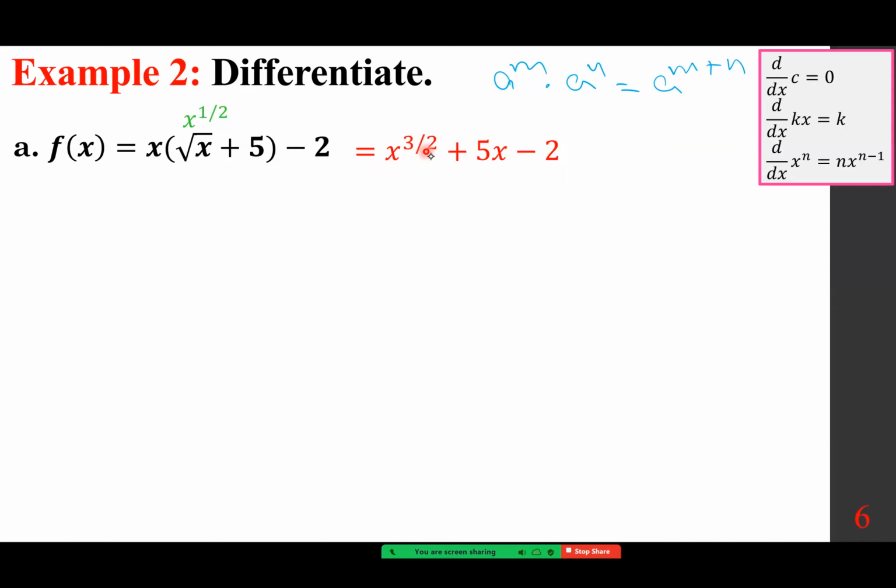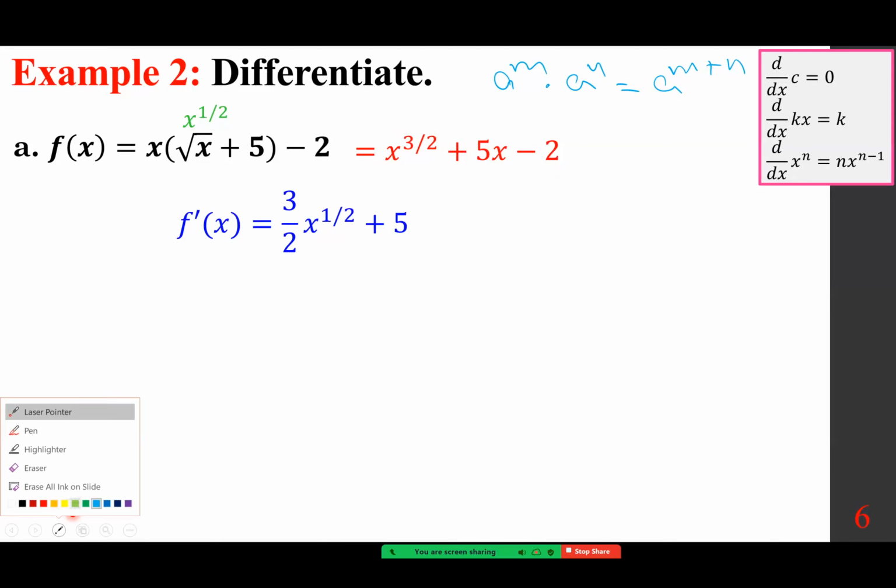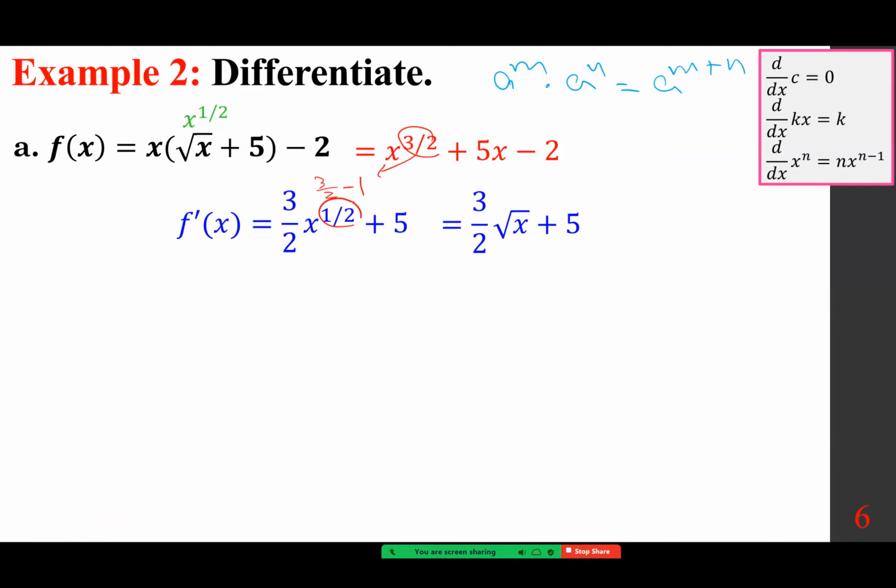So it becomes 3/2 x to the power 1/2, plus 5, and any constant gives you 0. Now, again, I want to make sure we understand how we arrive at it. Three halves minus 1 gives you 1/2. And if we want to go back to the same format, we write it as 3/2 square root of x. Okay, everybody?